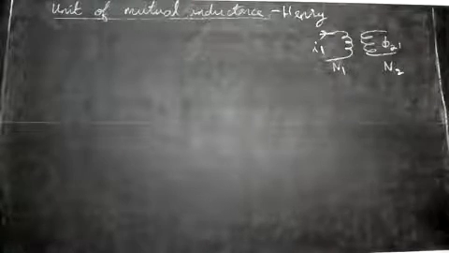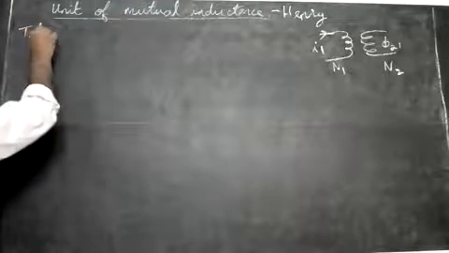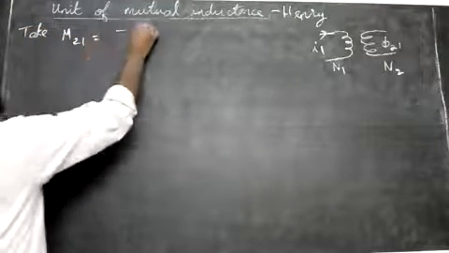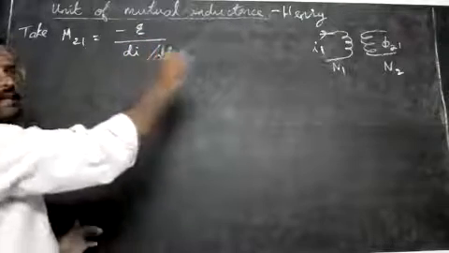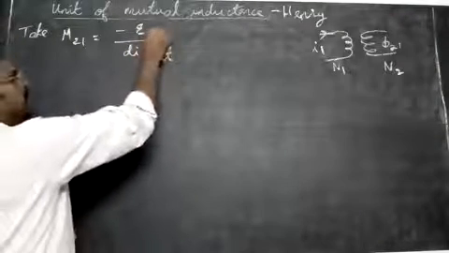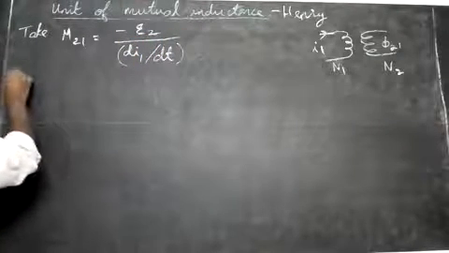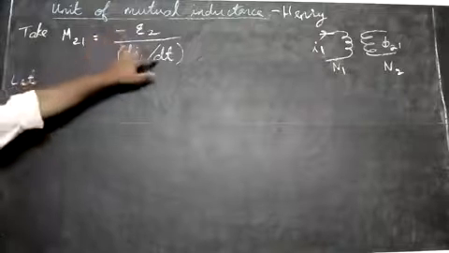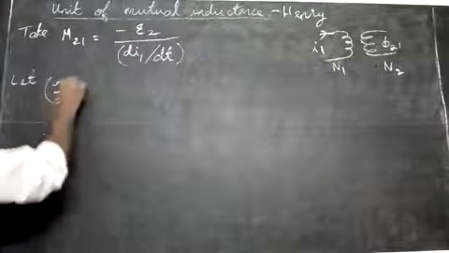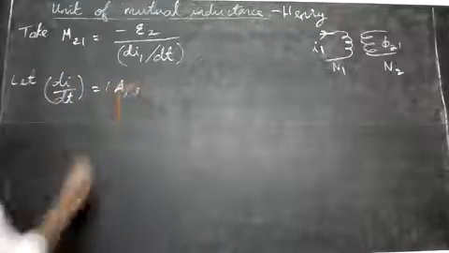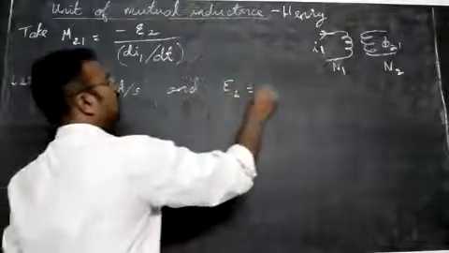We take the second equation, that is M21 is equal to minus E2 by di1 by dt. Here let di by dt be equal to 1 ampere per second. The current changes by 1 ampere in 1 second, and you see that E2 is equal to minus 1 volt.